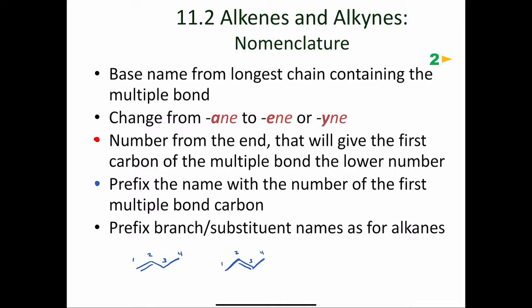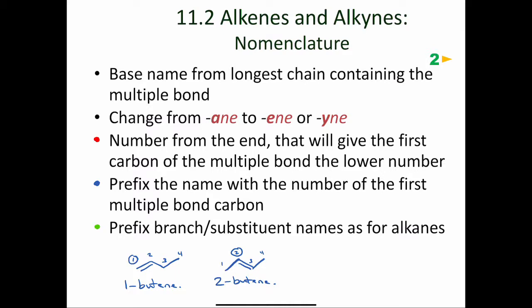But then according to the rule that I have highlighted in blue, we prefix that name butene with the number of the first multiple bond carbon. And since the first multiple bond carbon in the one on the left is 1, this would be 1-butene. And since the first multiple bond carbon in the second one is 2, this would be 2-butene.